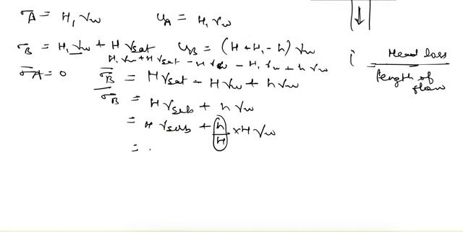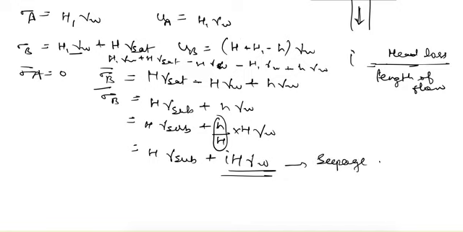So it can be written as H times submerged unit weight plus i H gamma W. Now i H gamma W in this part is known as seepage pressure.